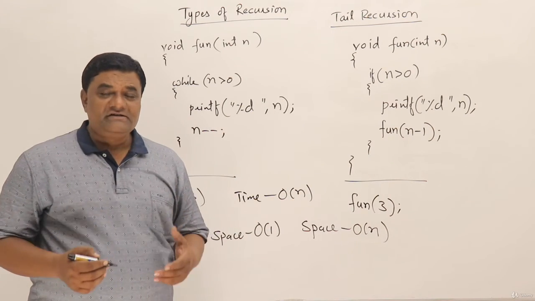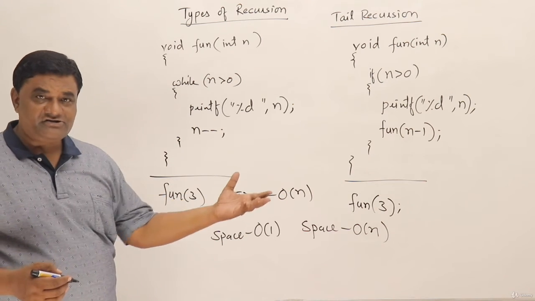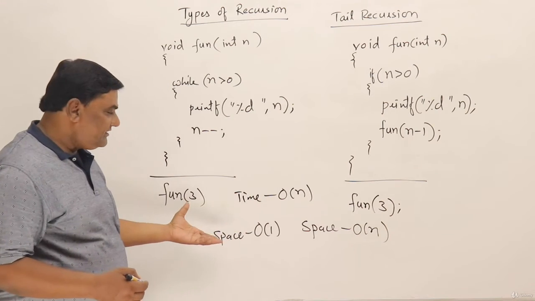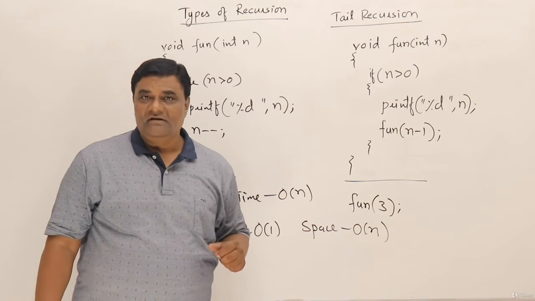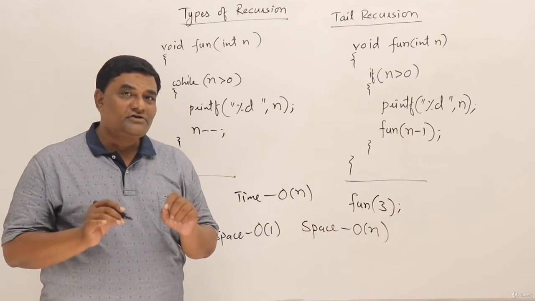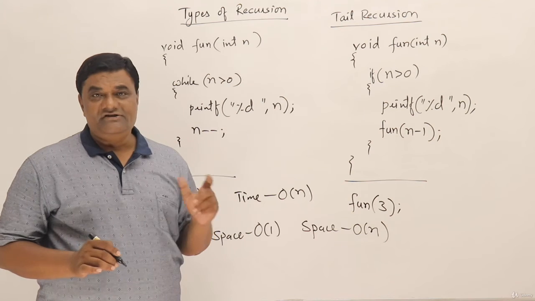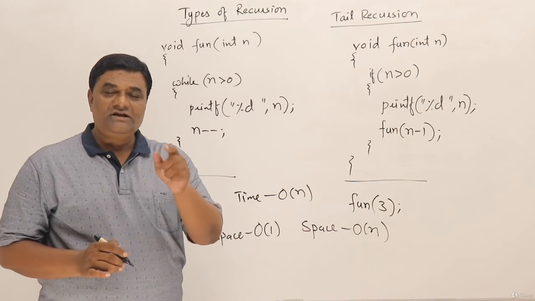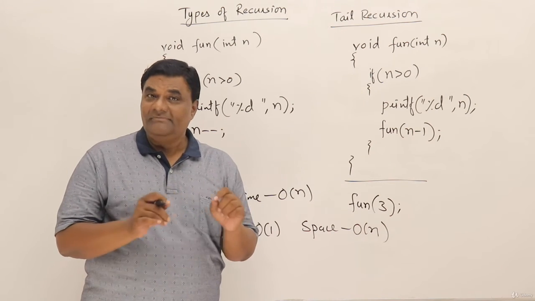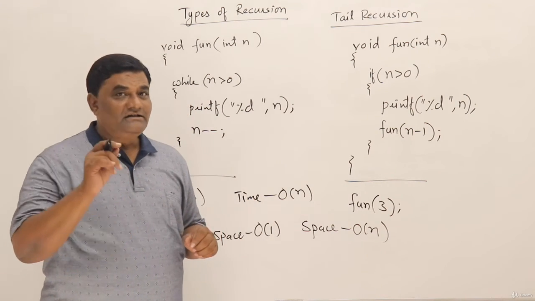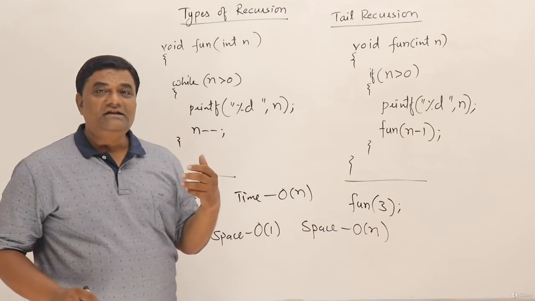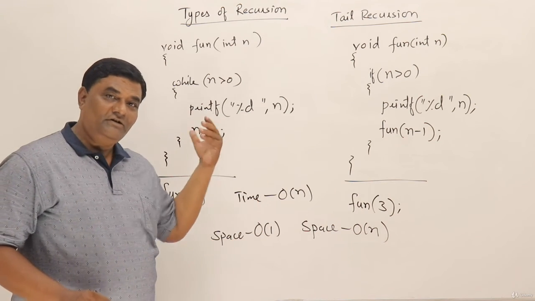So the conclusion is, if you have to write a tail recursion, then better you convert it into a loop, which is more efficient in terms of space. But this will not be true for every type of recursion or loop. In the case of tail recursion, the loop is efficient. I also have to tell one more point: some compilers, under code optimization, will check if you have written any function which is a tail recursion, and they will try to convert it into the form of a loop.